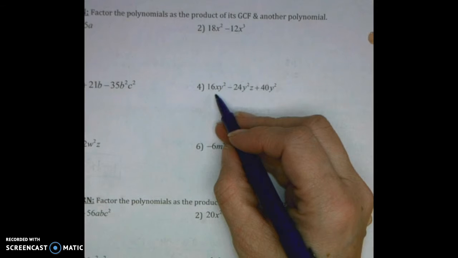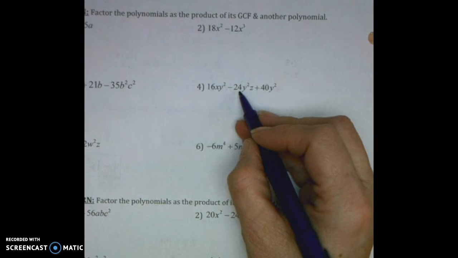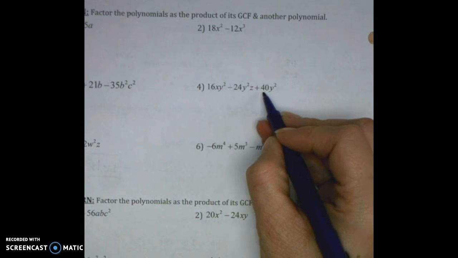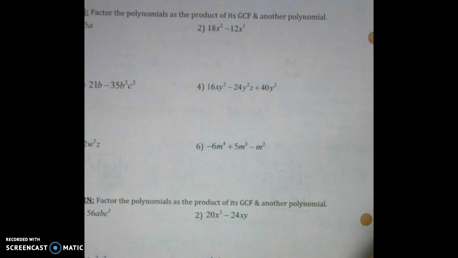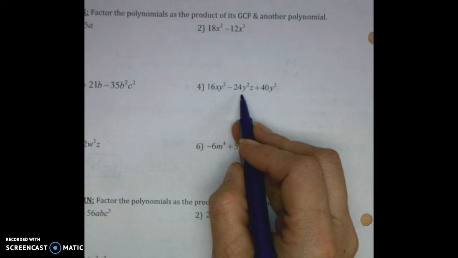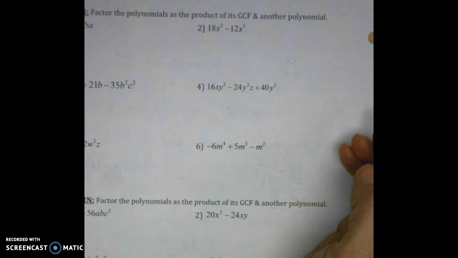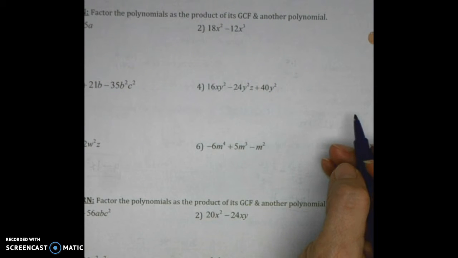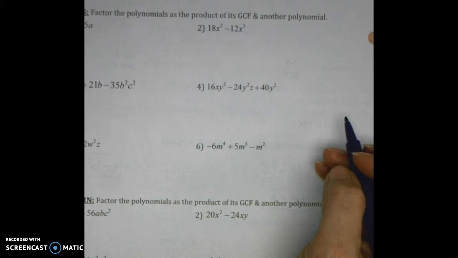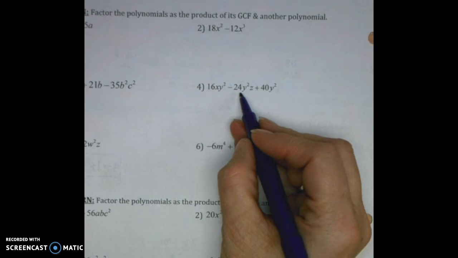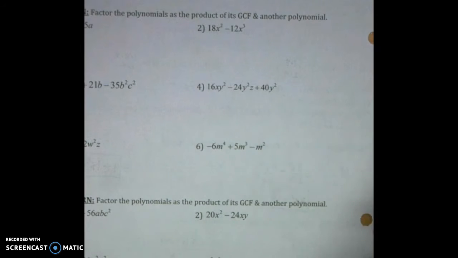Okay, so I can see 16xy squared minus 24y squared z plus 40y squared. If I look at the numbers 16 and 24 and 40 and think about what is the biggest number that can go into each of those, I'm going to choose 8 because 8 goes into 16, 8 goes into 24, and 8 goes into 40.